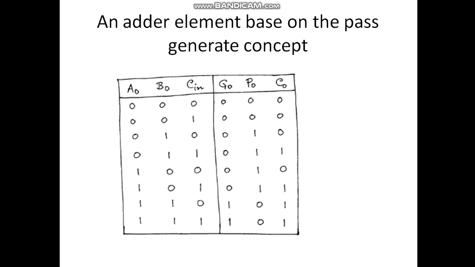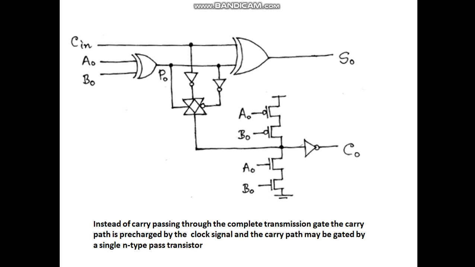So in the truth table, we have seen that C0 is equal to 0 when AB is 0. So C0 is 0 when A and B are 0. Because we are using an inverter here, we are making slight modifications in the connection. Let us see the working. When A and B are 0, this NMOS does not work.